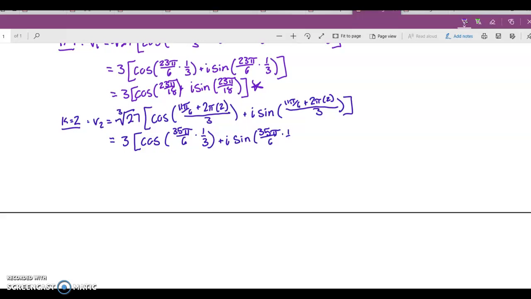And then simplifying a little bit more, 3 times cosine of 35 pi over 18 plus i sine of 35 pi over 18. So that is your third root.